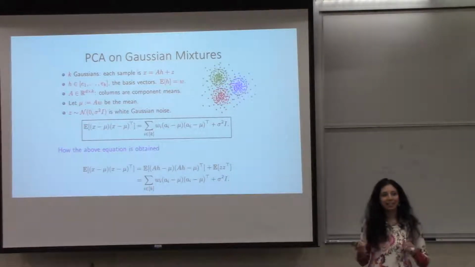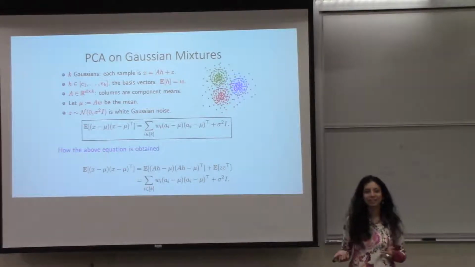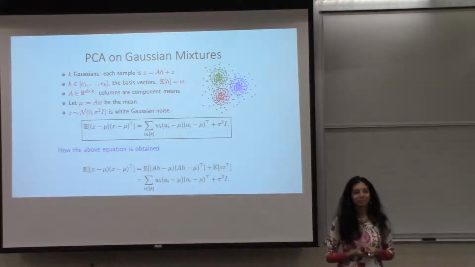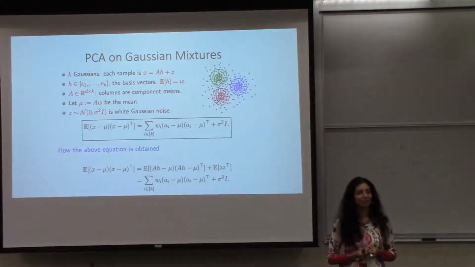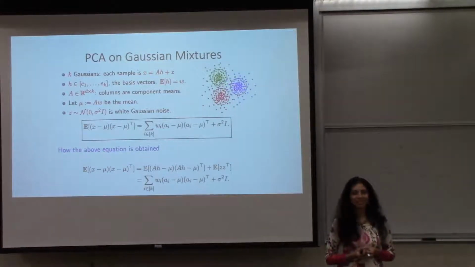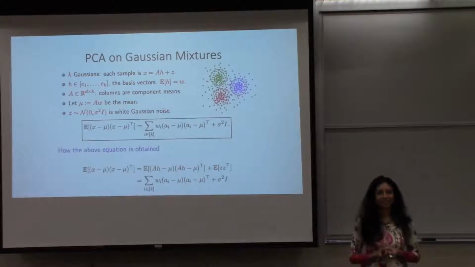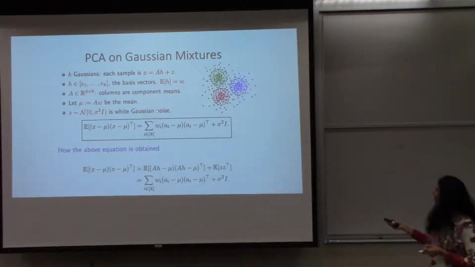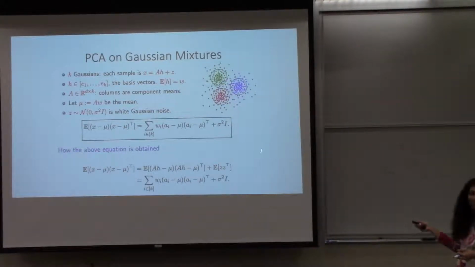PCA works on the covariance matrix. So what will PCA do? What will it capture? Find the direction of maximal variability. Yeah. In this case, what does it turn out to be? I'm giving you this equation. Can you interpret what the top directions will be?